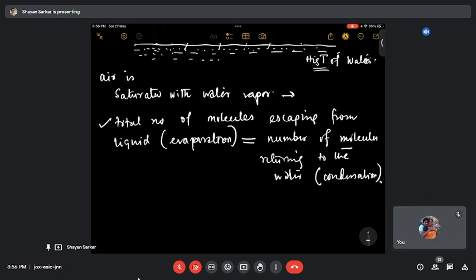Okay, when this condition exists, the air is saturated with water vapor.